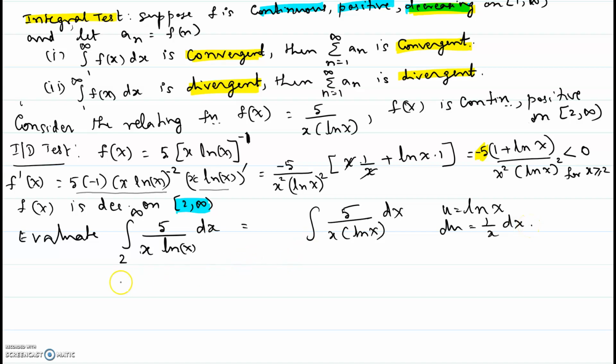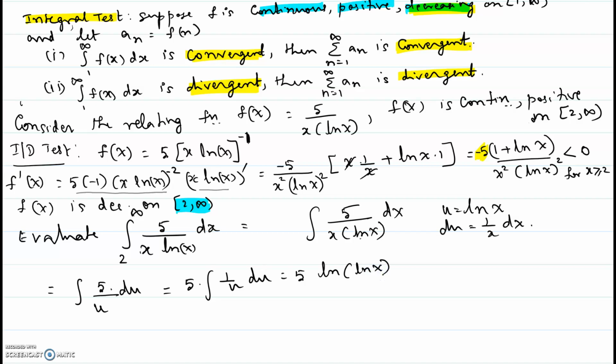Then ln x would be u, and the remaining part 1 over x dx would be just du. So it's better you don't write the limits here because we are applying a different variable. So it is pretty much 5 times the integral 1 over u du. So it will be 5 times ln of u, but ln of u is ln x.